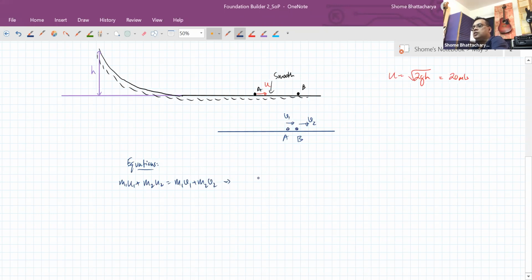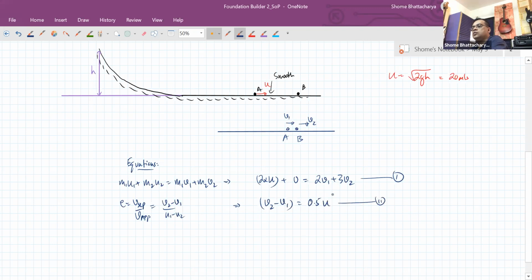So in this case, 2 into u is equal to 2v1 plus 3v2, and v2 minus v1 will become 0.5 times u. So we can go with the method of solving these two equations.